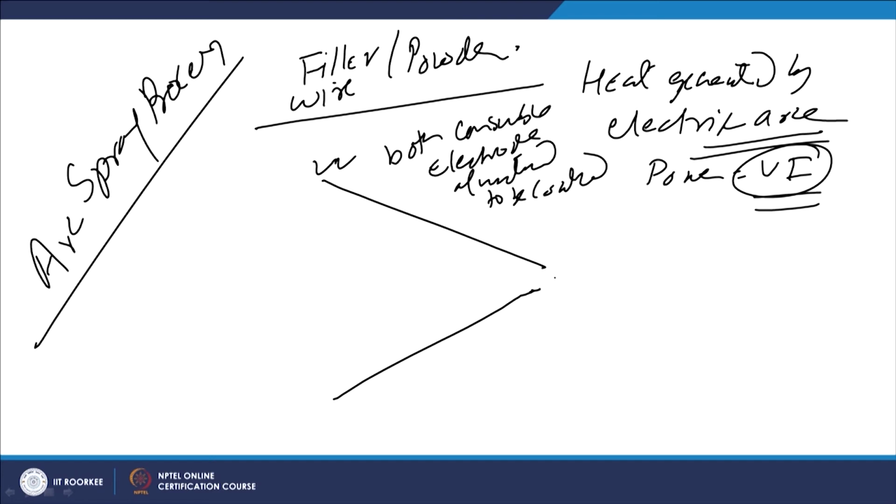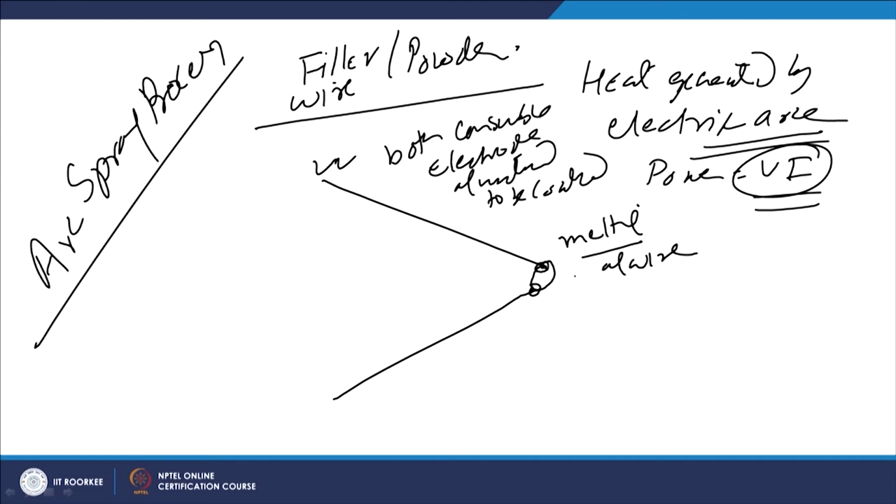So, an arc is established between these two wires. The heat generated facilitates the melting of the wires at the tip, wherever the arc is there.